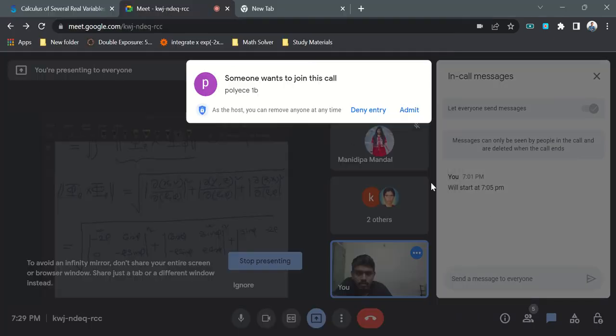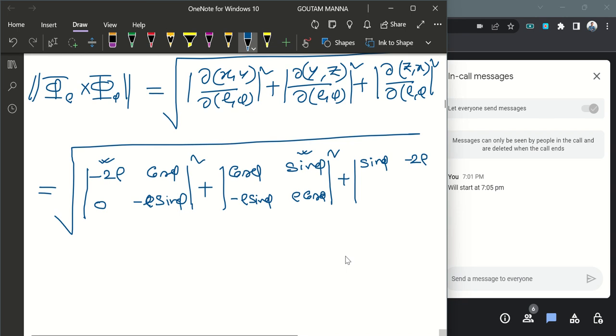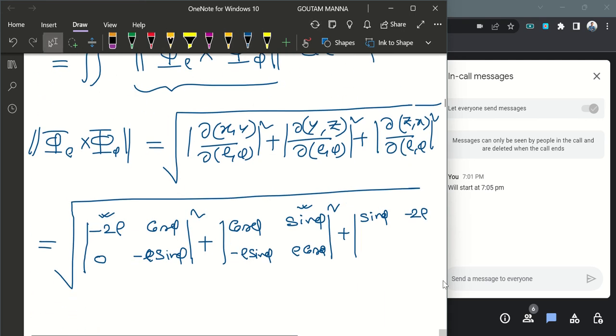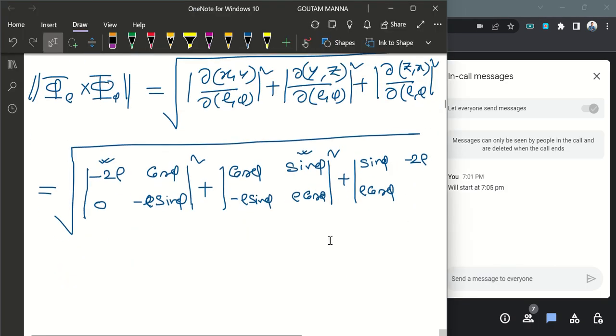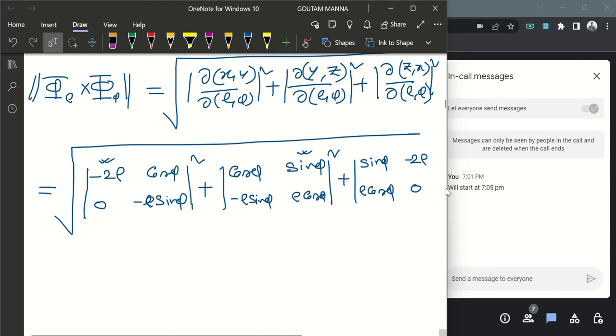And then the next term is del z del phi, which is rho cos phi. And del x del phi: there is no phi dependence in x, so that means it is 0, square of that.